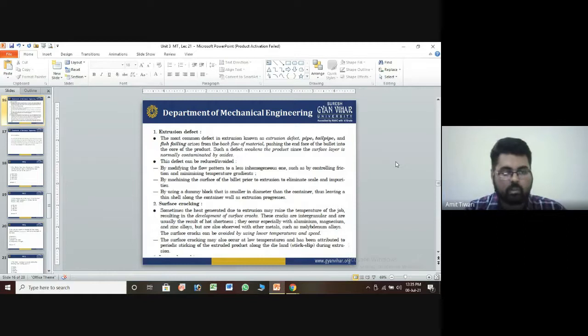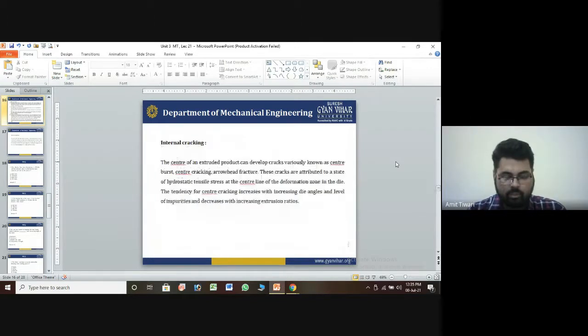Surface cracking may also occur at low temperature, but this has been attributed to periodic sticking of the extrusion pattern. So these are the proper problems that generally occur, and these are some factors responsible for them.